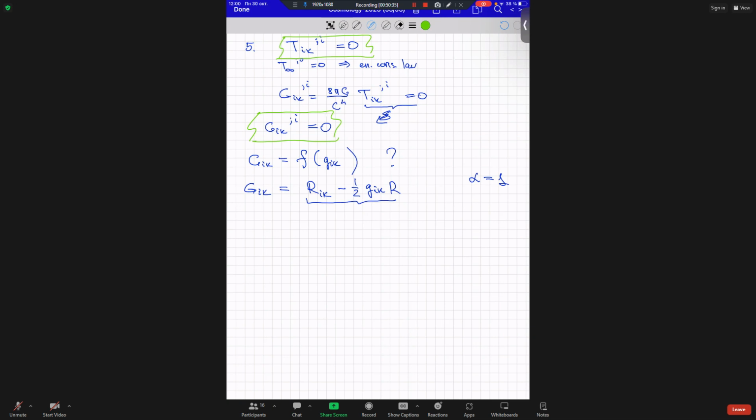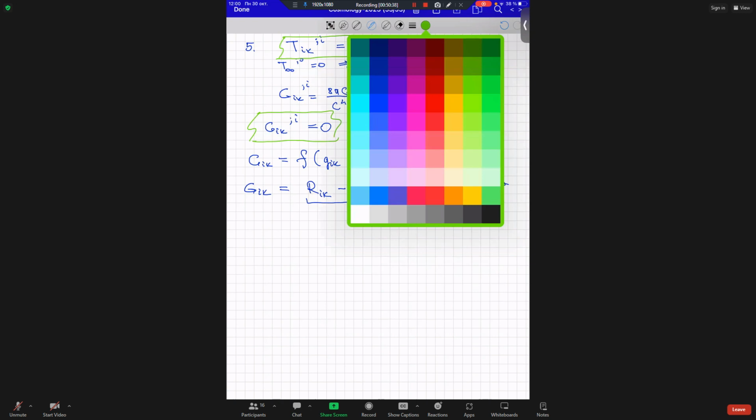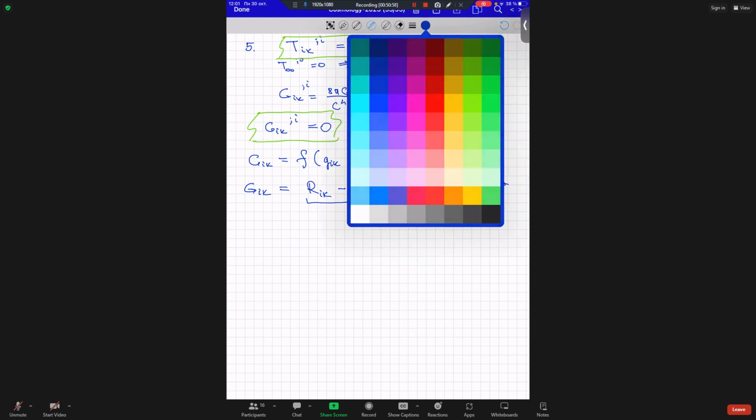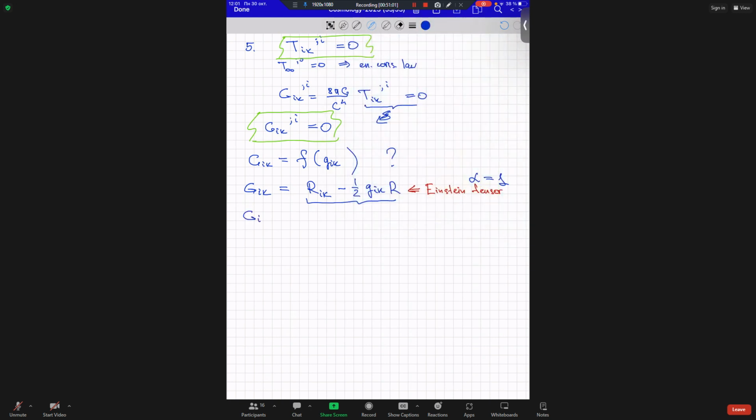And this is what we now call the Einstein tensor. So this is really good because, as we know from the Bianchi identity, G^ik covariant derivative i equals 0, which corresponds to the case that T^ik covariant derivative i equals 0.